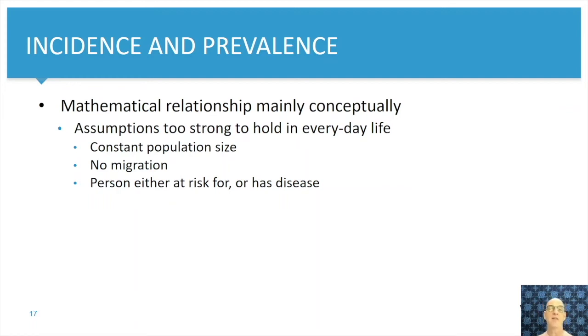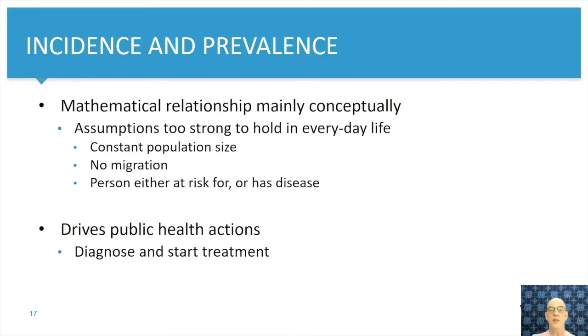In real life, it is very unlikely that all these three assumptions hold at the same time. However, it is still a very useful concept because it is actually used in public health. Because the whole idea of diagnosing people and treating people is really a way to reduce prevalence, to reduce the burden of disease.